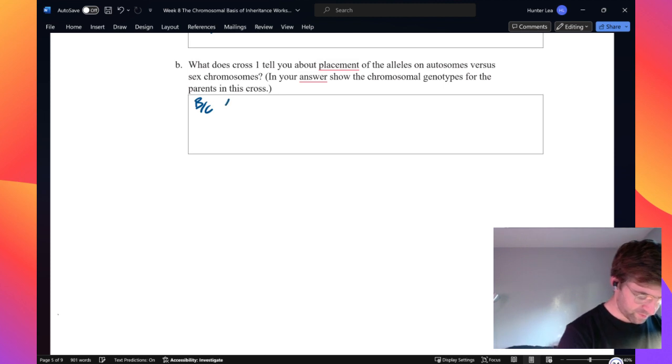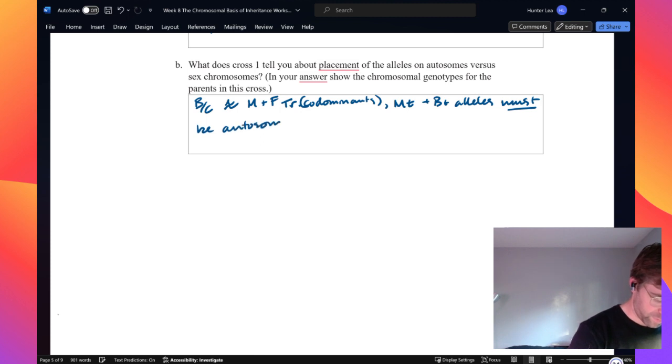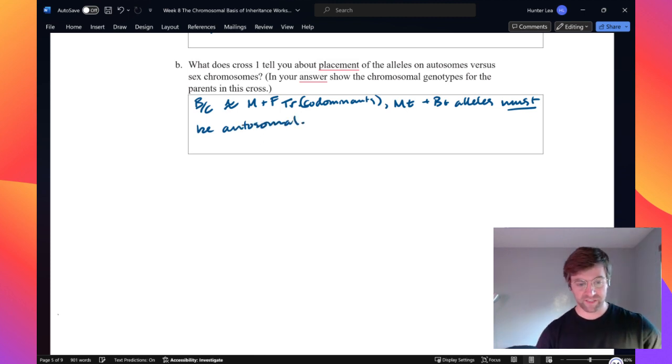Because we have approximately the same number of male and female trifocals, which are codominants, the monocle and bifocal alleles must be autosomal and not sex-linked.